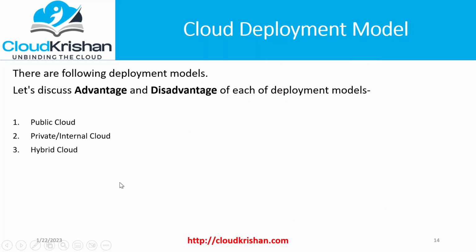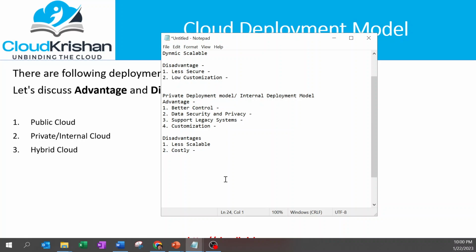The third type of deployment model is hybrid. As the name suggests, hybrid. So what does it mean? You can take benefit of public and private both. So let me write it. Hybrid, here you can take benefit of both.